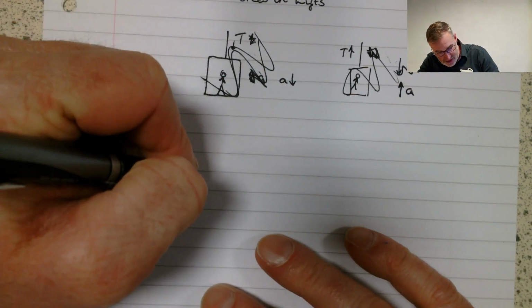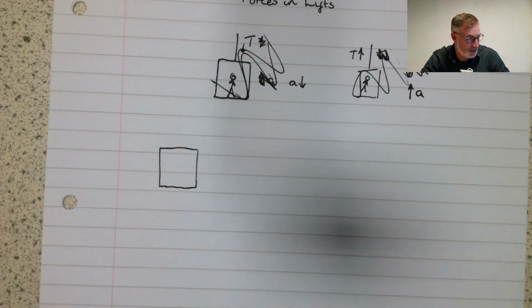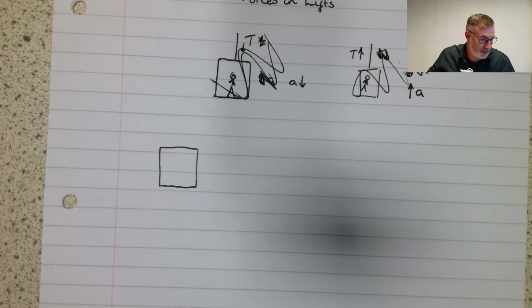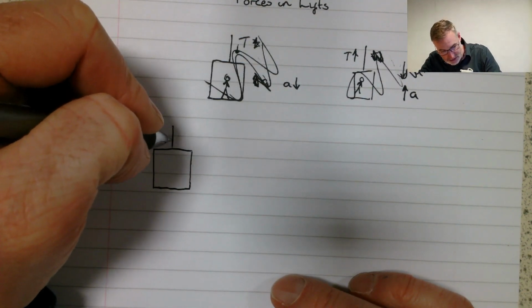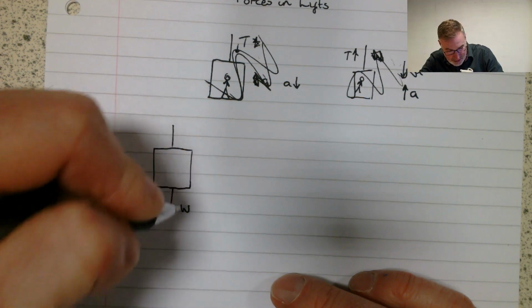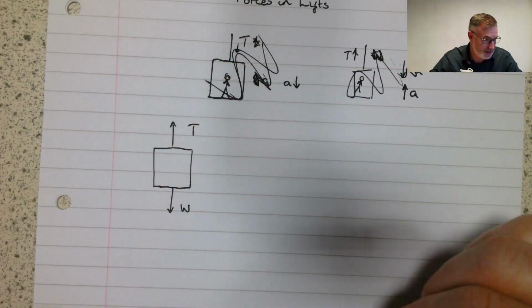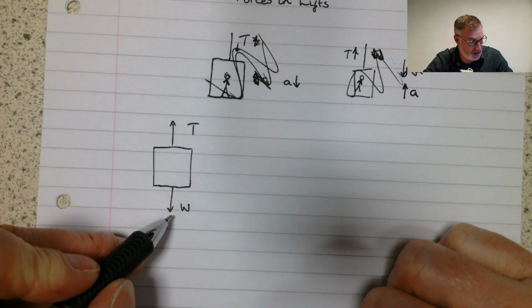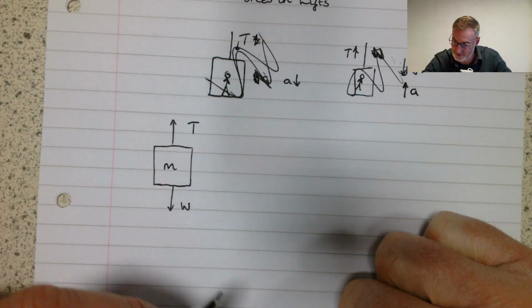So, first of all, the tension is here, and the other force acting on the lift is going to be weight. So if it is stationary, the tension is going to equal the weight. Now the weight is the mass of the lift itself and the mass of all the passengers in it.